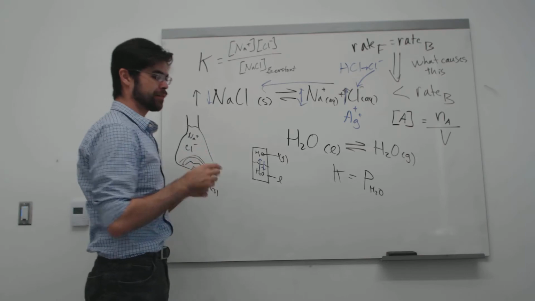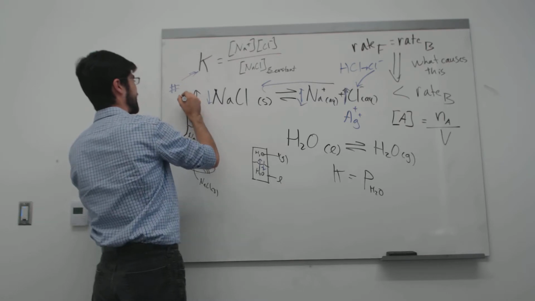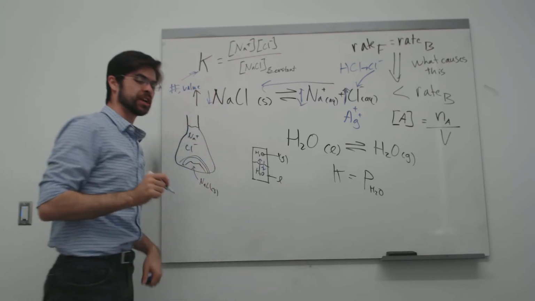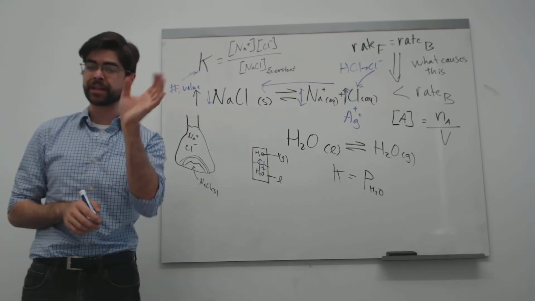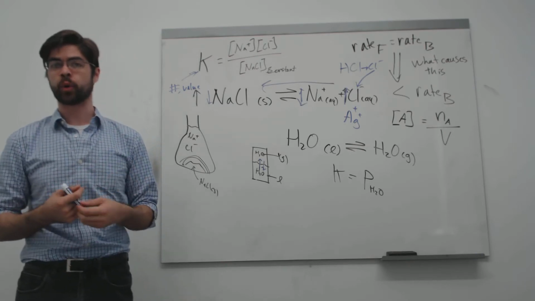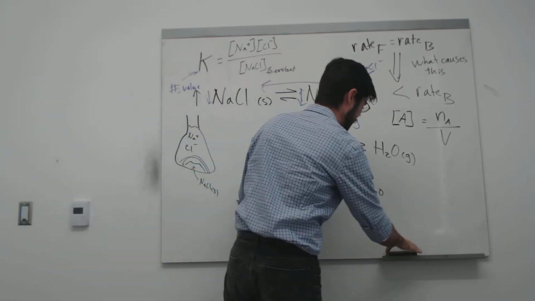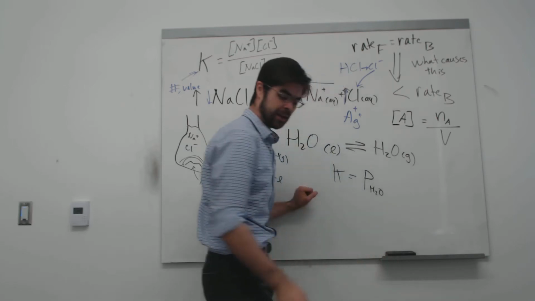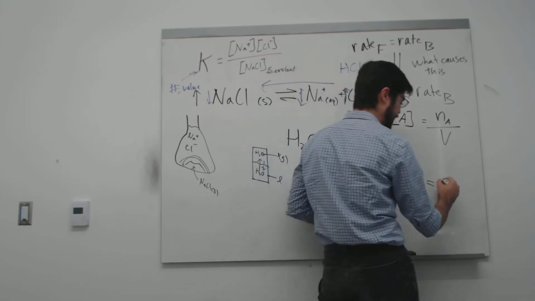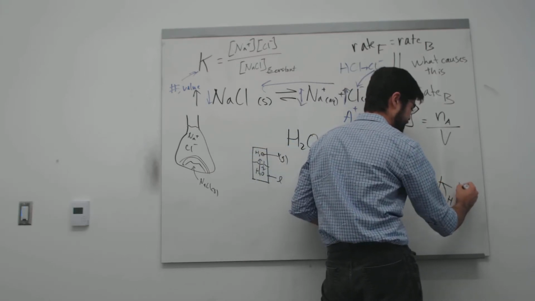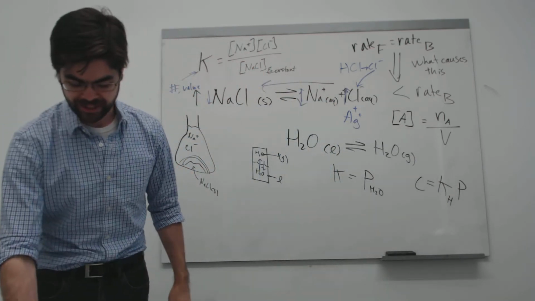So there's a couple of things to think about here. If you want to think about this more mathematically, this is literally a number. It has a value. That value doesn't change. It's a constant, hence the term equilibrium constant. That constant is part of an equation. Just like with Henry's law, which told us that the concentration of a solution in a gas was equal to some Henry's law constant times the pressure of that gas above that solution.